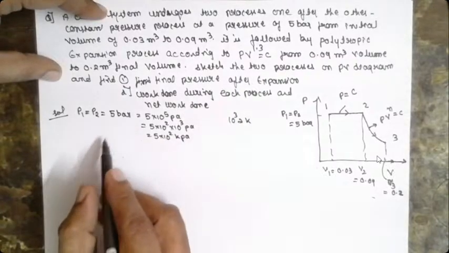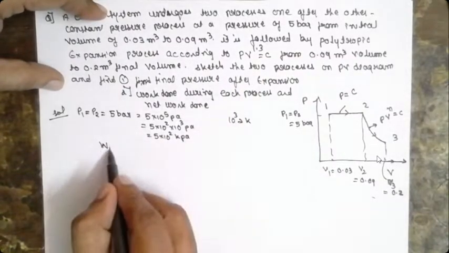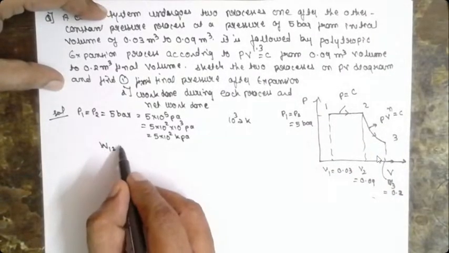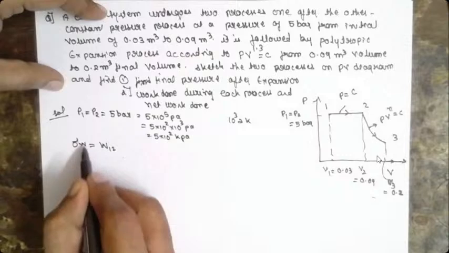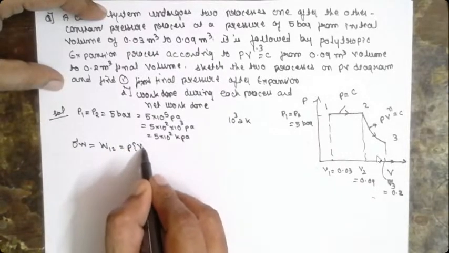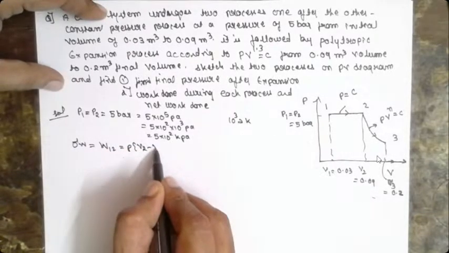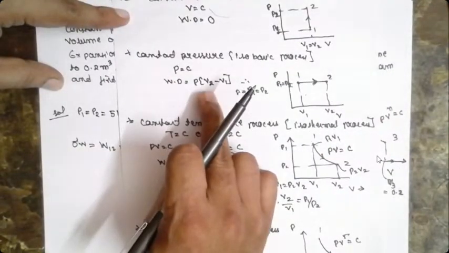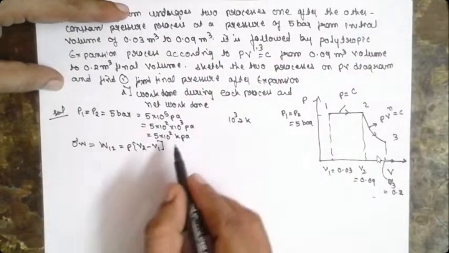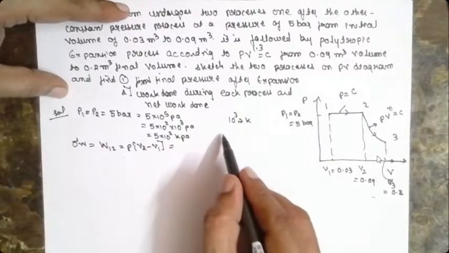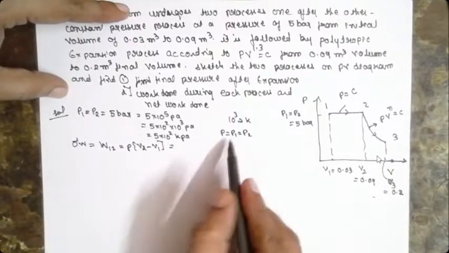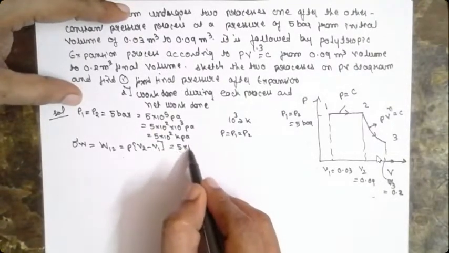We know that W for 1 to 2, work done at constant pressure, the formula will be W, which is nothing but P into V2 minus V1. This is the formula for constant pressure. Here P is nothing but P1 and P2. Substitute the value of P here, 5 into 10 raised to 2.